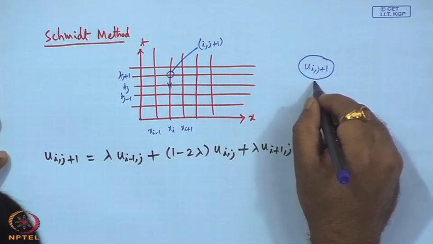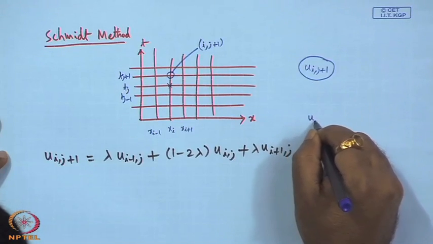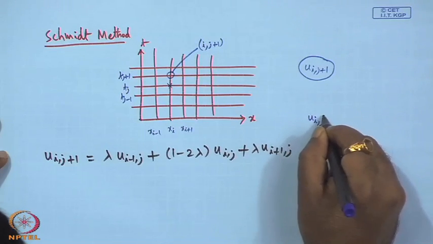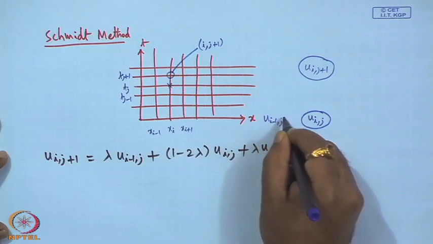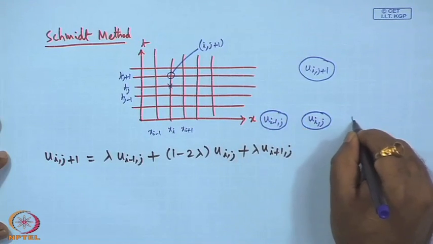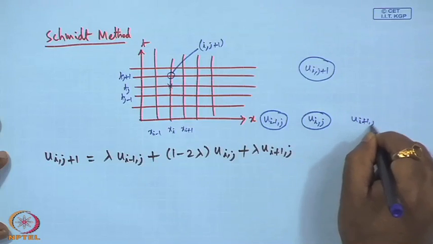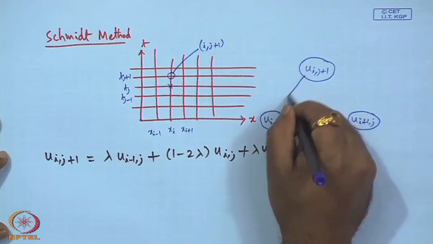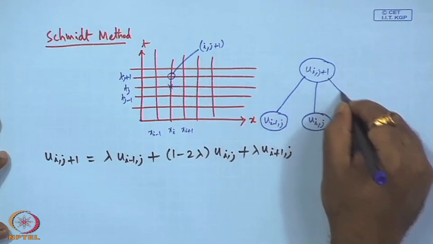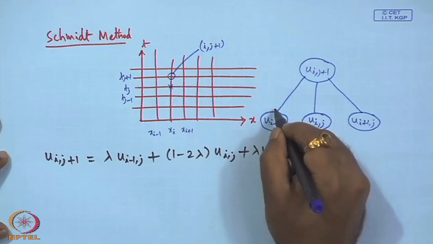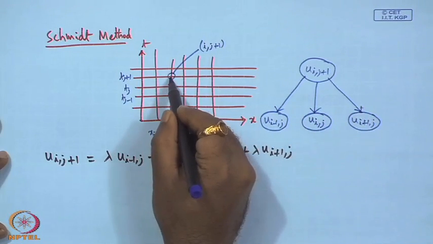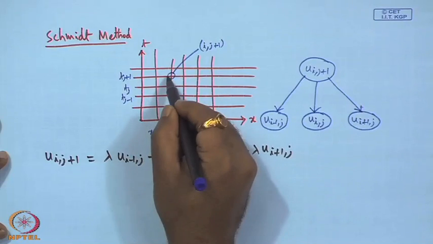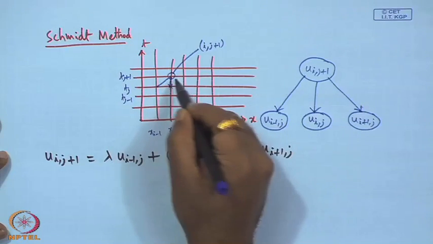So, u I j, then u I minus 1 j and u I plus 1 j. Okay. So, this is what is happening here. So, this one and this one.